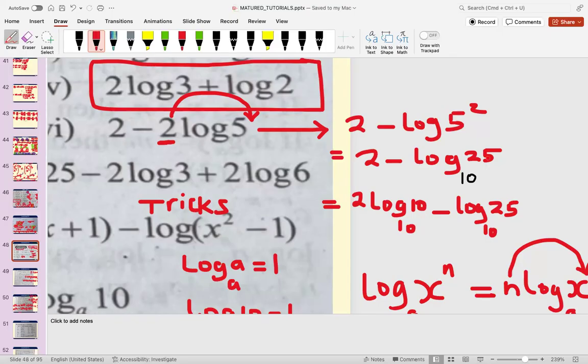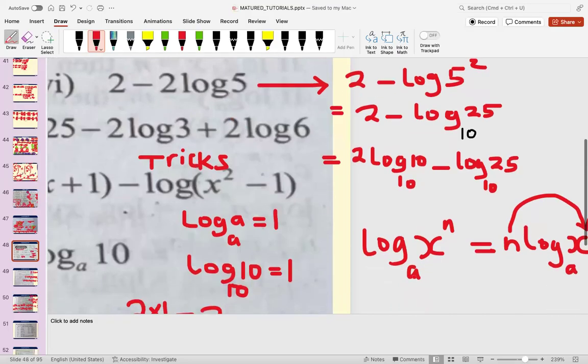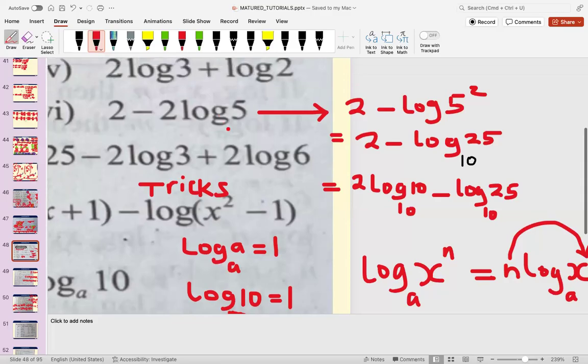Yes, sir. Good. So this 10 that I brought here, initially it was not there. If you look at the question, there's no 10 written anywhere. There's no 10 here, nothing, empty. But I'm telling you that in logs, anytime you don't see any number here, because in the laws that we have been writing, you have been seeing A throughout, anytime there's no number there, the number which is supposed to be there is 10, but we don't normally bring it.